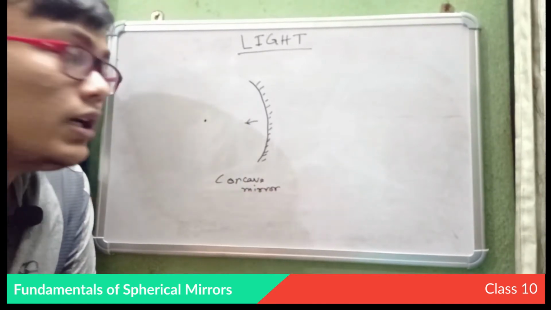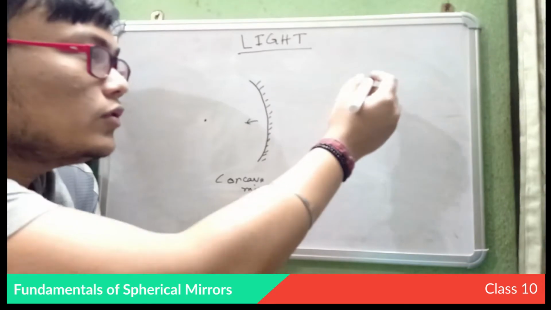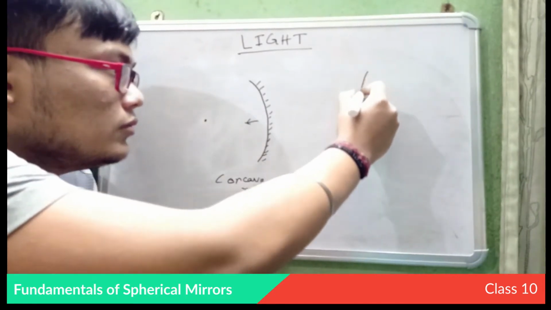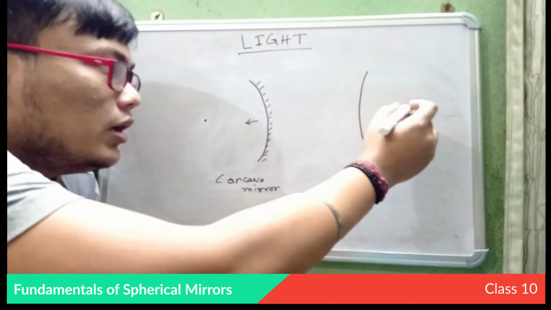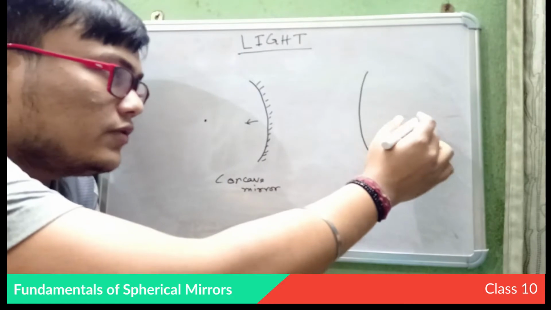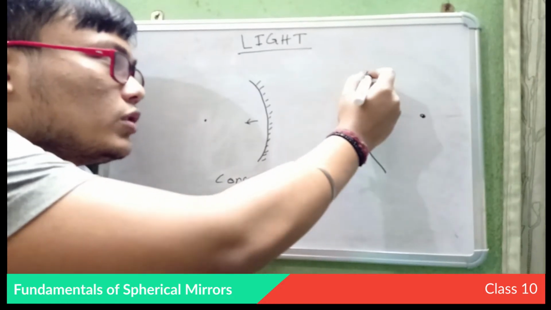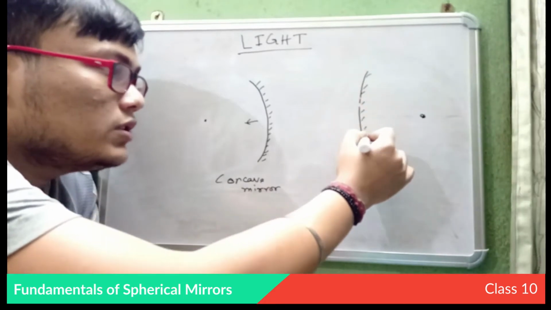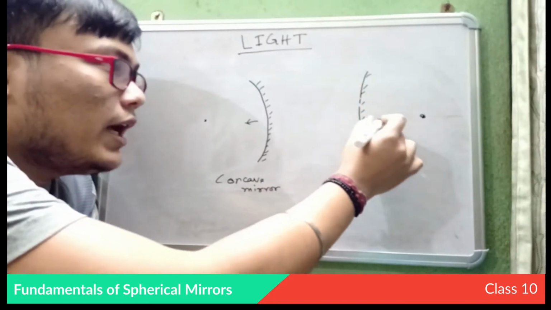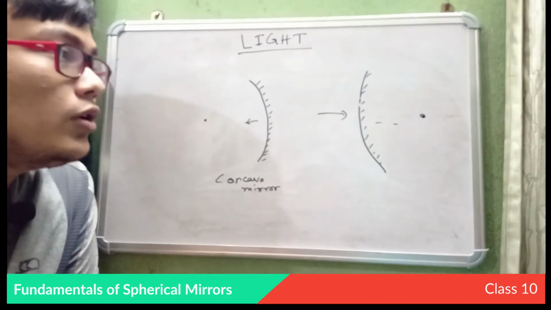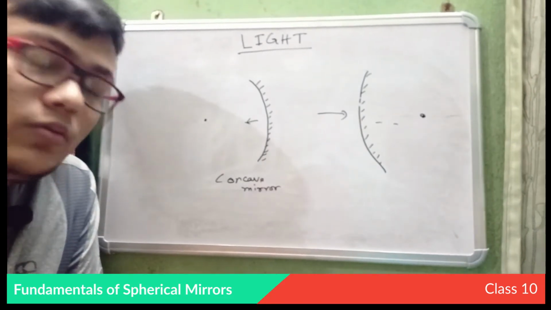and the other one is a convex mirror. For convex mirrors, if the center of the hollow sphere is this point, the polished surface will be towards the center, and the reflecting surface will be towards the outside of the center of the hollow sphere.